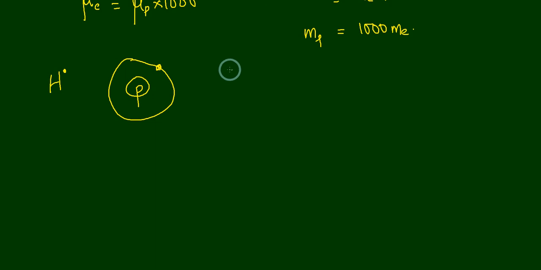Therefore, what will be the hyperfine structure? Since there is only one proton, the number of lines will be 1 plus 1, that is equal to 2. It means you will get a doublet if you are checking the ESR spectrum of the hydrogen atom. So you will see a spectrum like this.